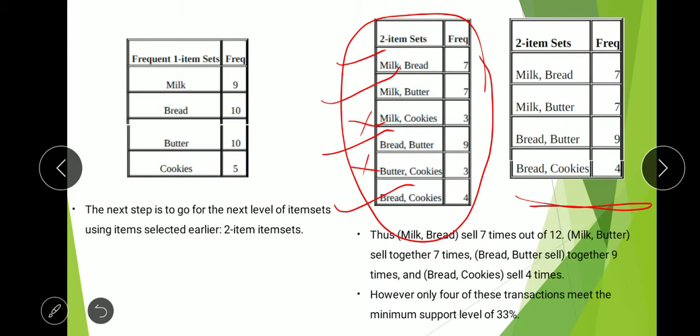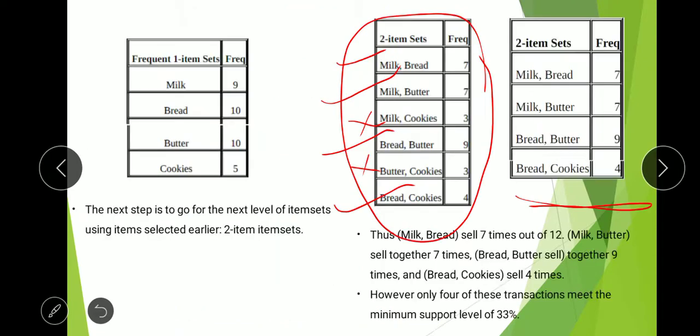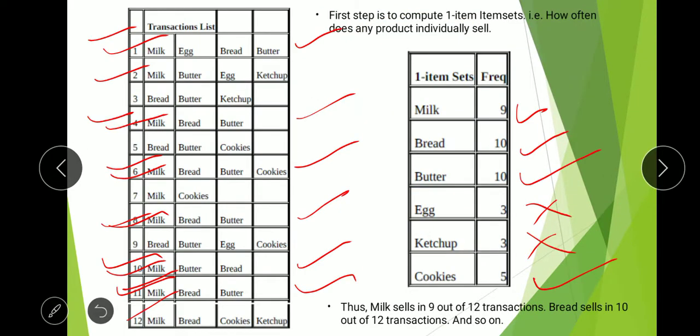it is showing. Let us re-verify. Milk, bread and cookies. Milk, bread, milk, bread. Milk, bread and cookies, this one. Do we have any other occurrence? No, we don't have. No, I think we have it here also.